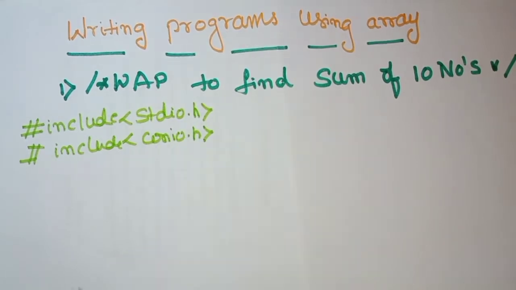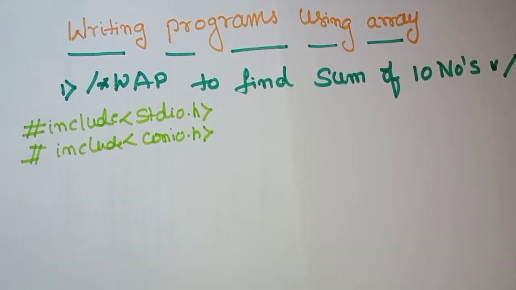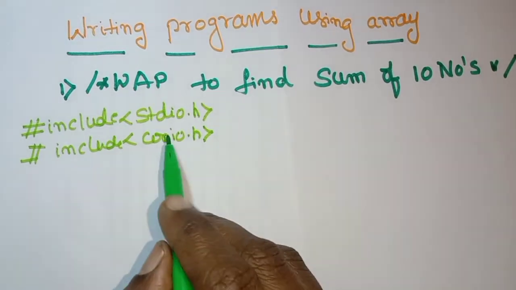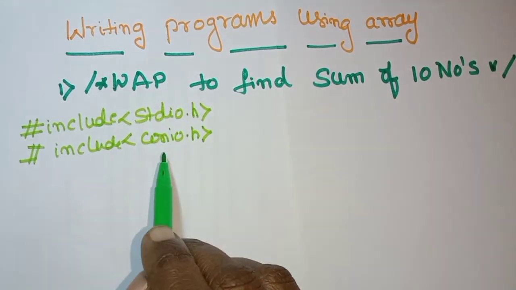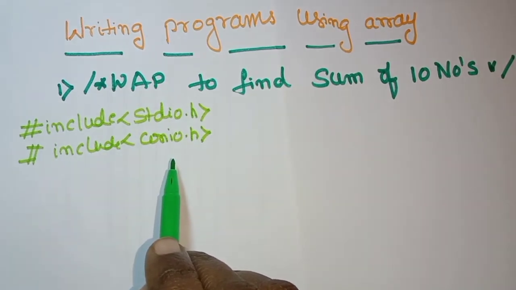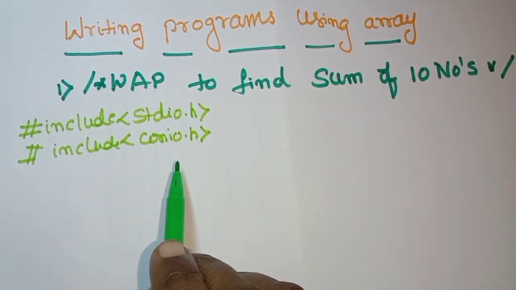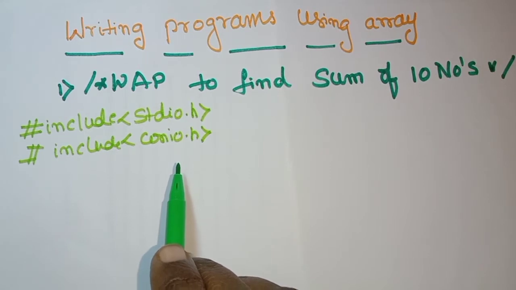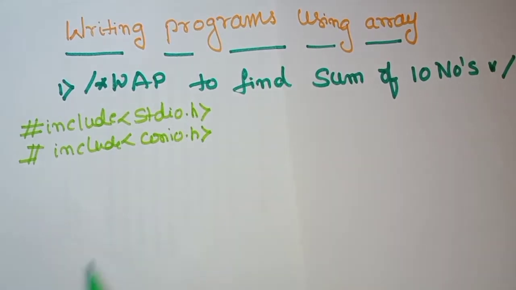Students, here I want to tell you one thing. Actually we have different types of header files. Usually we also use another header file that is called math.h. If you want to find any trigonometric functions or standard deviation, then we use math.h.